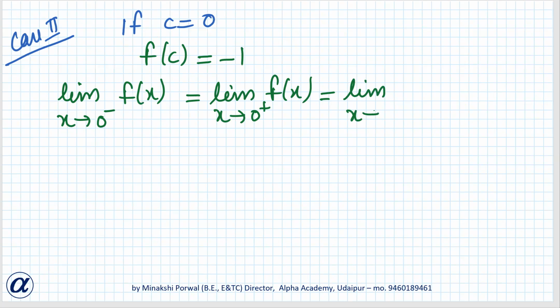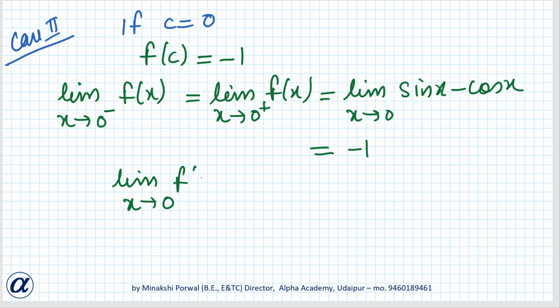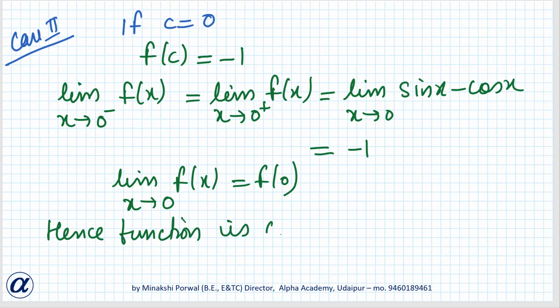So limit x tends to 0 of f(x) is sin x minus cos x. When we substitute this limit, sin 0 is 0 and cos 0 is 1, so it is minus 1. So limit x tends to 0 f(x) equals f(0). So hence function is continuous for all values of x.